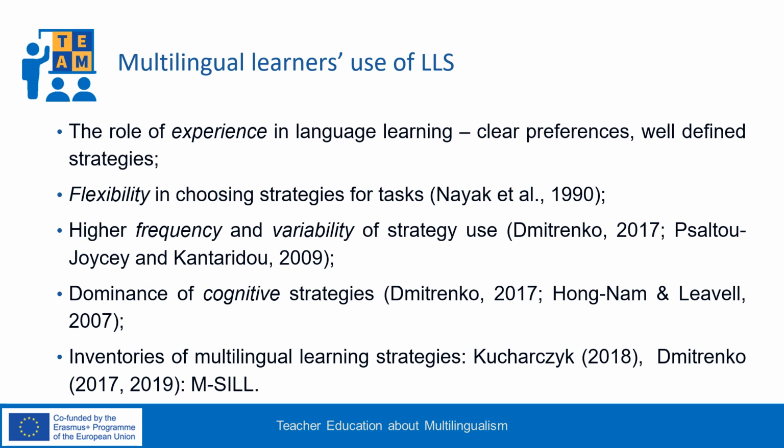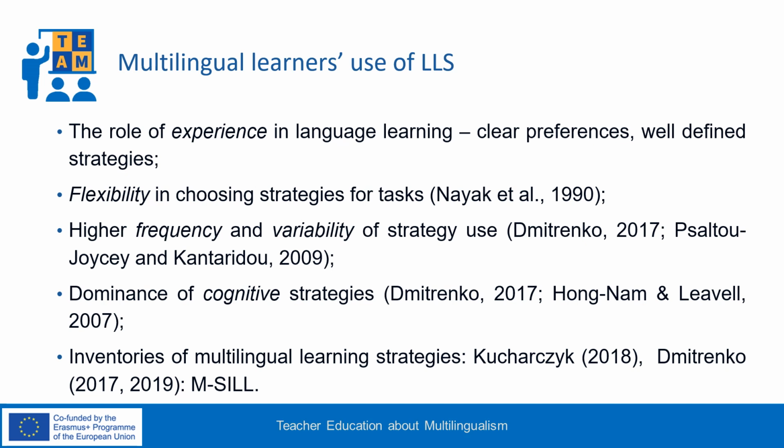Research indicates that multilingual learners use learning strategies more frequently than learners learning their first foreign language, and that their strategy use is more flexible, better adjusted to the tasks, and that the strategies are more varied. This concerns predominantly the use of cognitive strategies. However, all types of strategies can be adjusted to the context of learning additional languages.